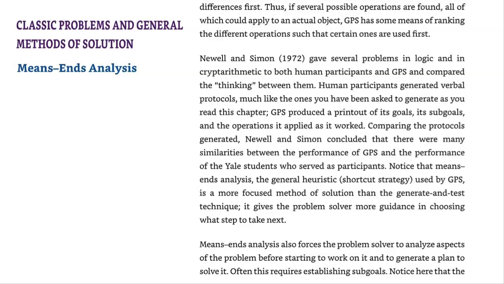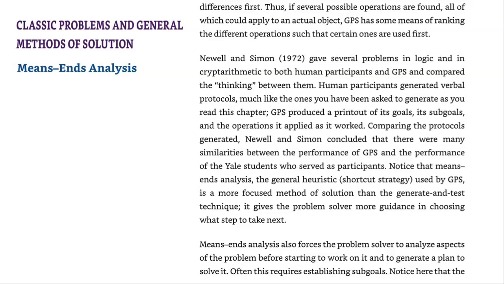These authors gave several problems in logic and cryptarithmetic to both human subjects at Yale and GPS and compared the thinking between them. The human participants generated verbal protocols, much like the ones you have been asked to generate as you read this chapter. GPS, on the other hand, which was automated, produced a printout of its goals, its sub-goals, and the operations it applied as it worked.